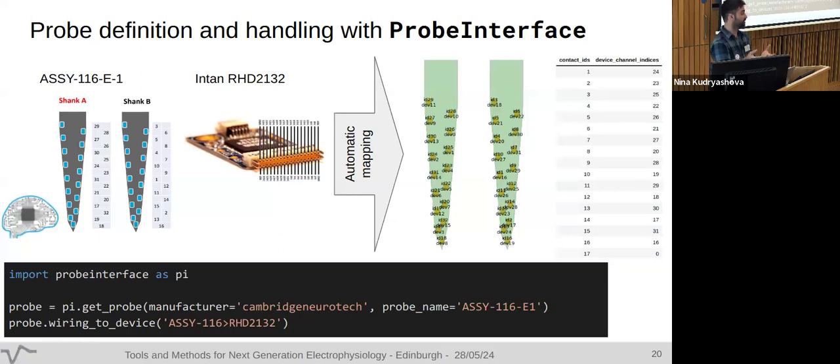Of course, sometimes you have to define your own mapping, and it's essential to get things right, because you need the traces to correspond specifically to a certain contact to maintain this spatial structure. But if this mapping is supported, then getting the probe from this library and wiring it to a device is literally two lines of code with ProbeInterface. We'll have some hands-on in the afternoon.